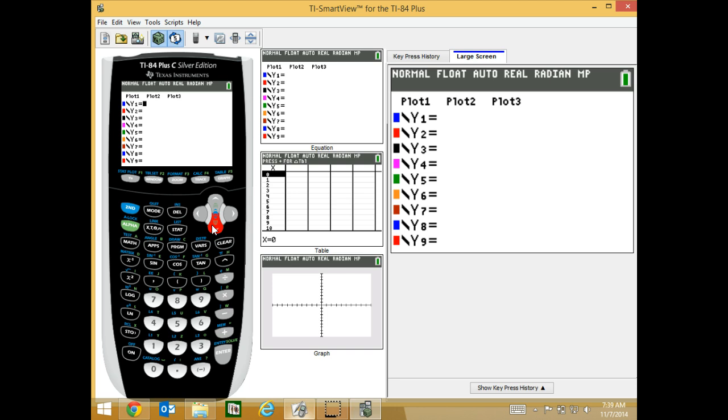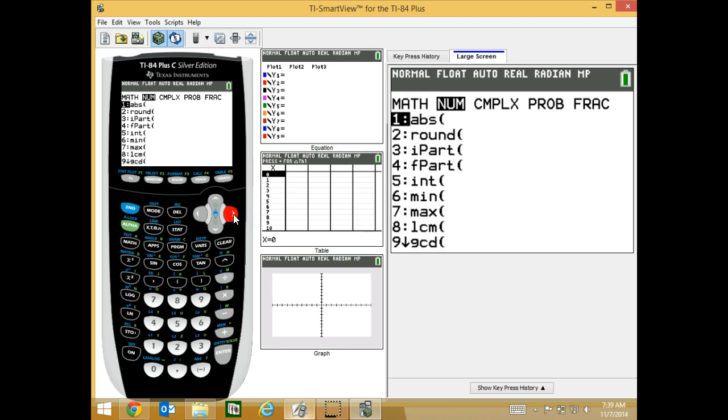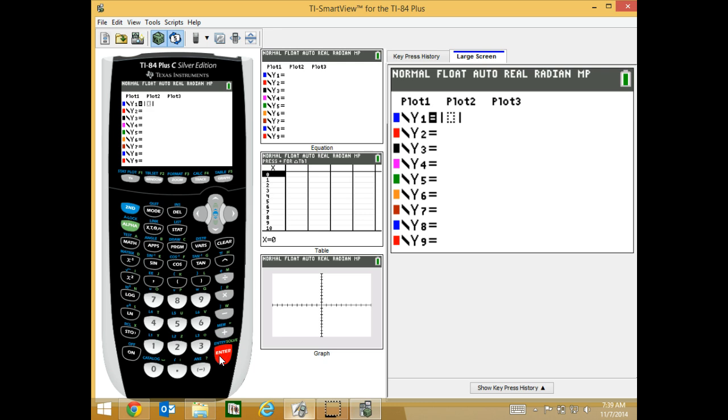Today, we're just going to look at the basic absolute value function. And on these calculators, the absolute value function is under the math button, which is right under the alpha button. And right arrow to the number menu, and it's the first option, absolute value.